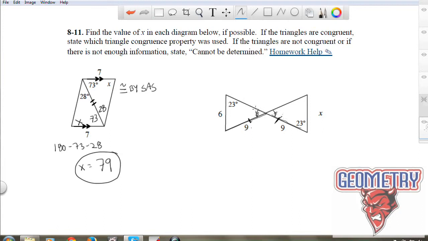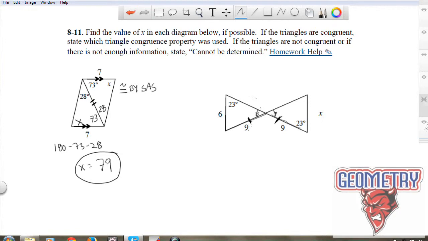Unfortunately, we have to look at where those angles are. For instance, on this triangle on the right, the side that is marked with a length of 9 is in between these two angles. But over here, the side that is marked as 9 is not in between those two angles. And so they happen to have the same angles, they happen to have a congruent side, but it's not in the correct location here.